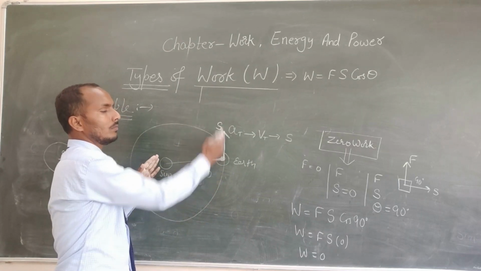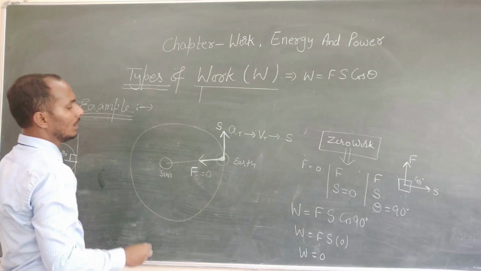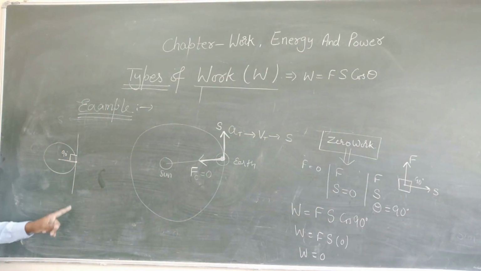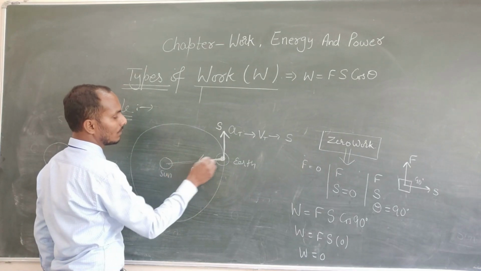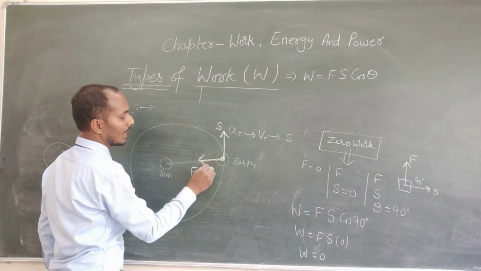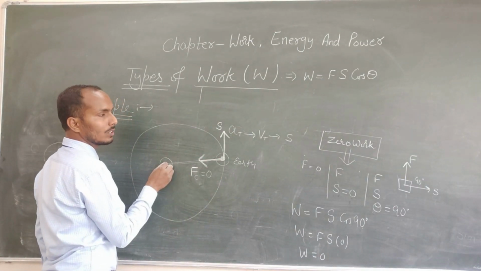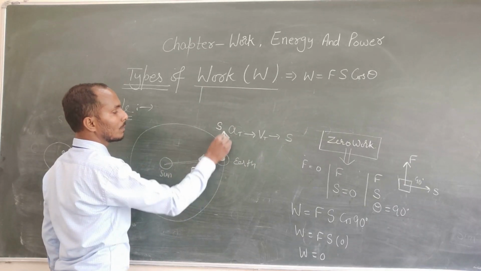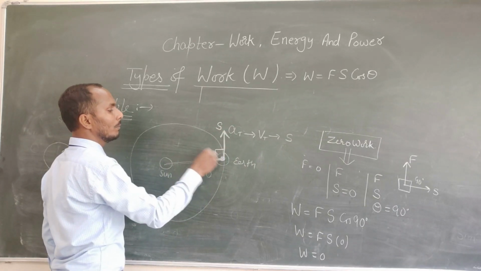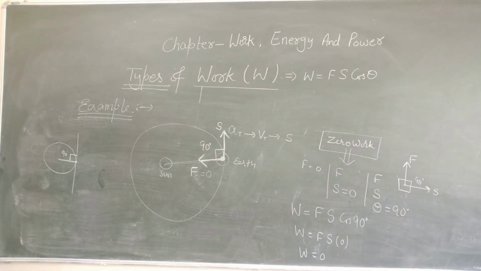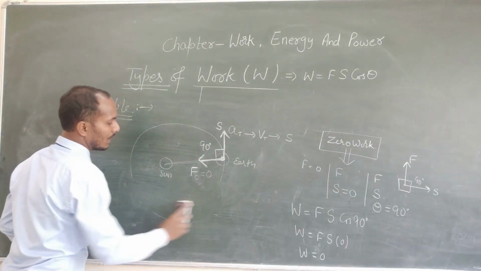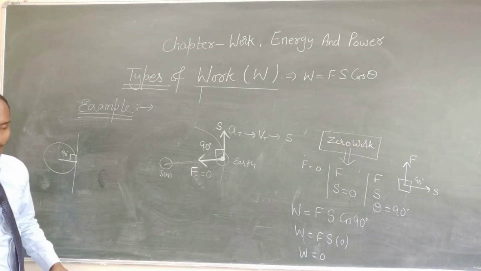And we know that the angle between the tangent line and the radius is 90 degrees. Along the radius we have the centripetal force. So the direction of the centripetal force is along the radius and the direction of displacement is along the tangent, so the angle becomes 90 degrees. If the angle becomes 90 degrees, then what will happen?